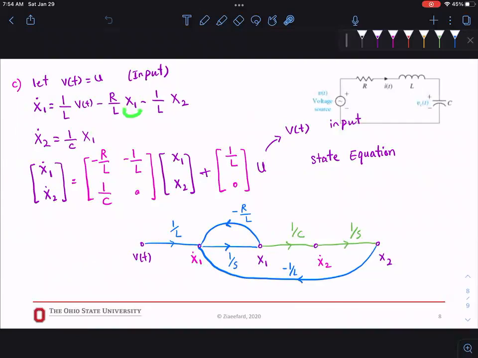We have 2 variables and 1 input, so I'm going to draw 3 nodes and put my variables and my input in there.